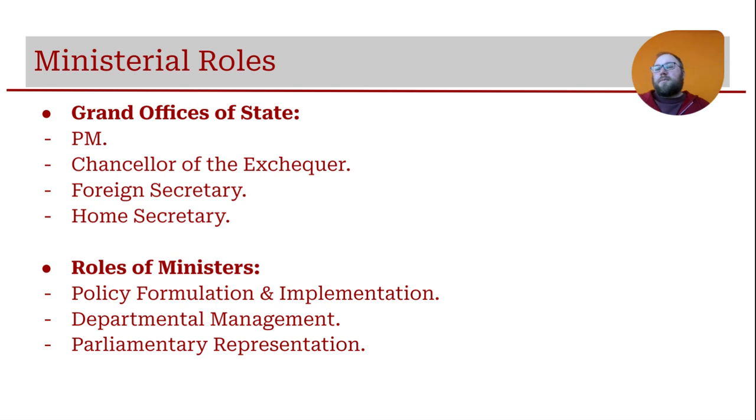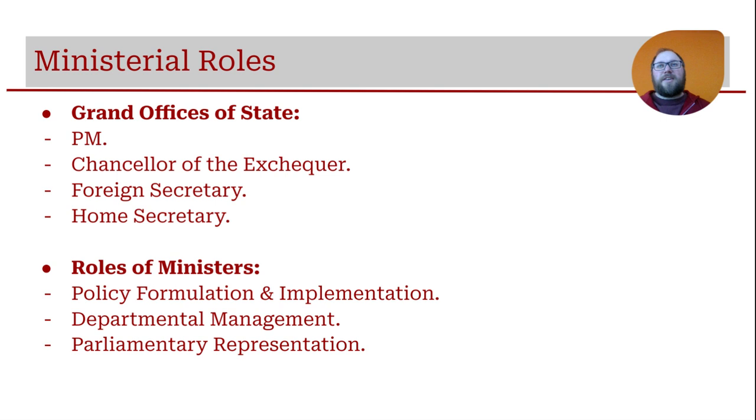And so when we think about ministers, there are key roles. So you've got the Prime Minister, the Chancellor of the Exchequer, the Foreign Secretary, and the Home Secretary, those grand officers of state. And the role of ministers within the cabinet are to formulate policy, to manage their department, and to represent their individual constituents in Parliament.